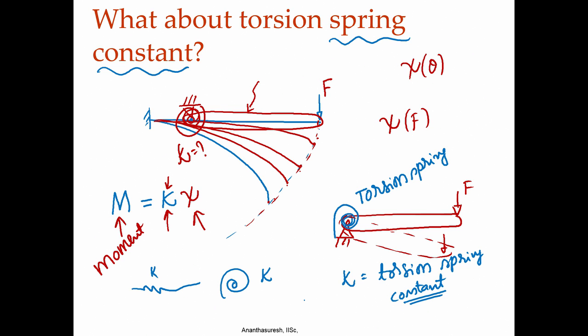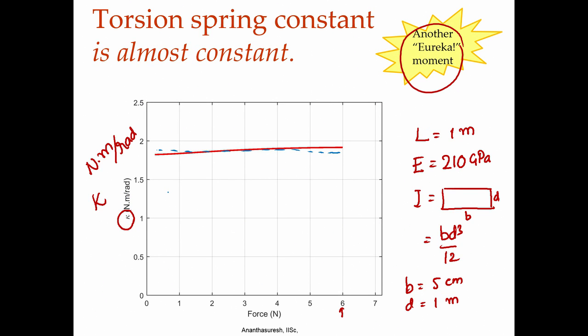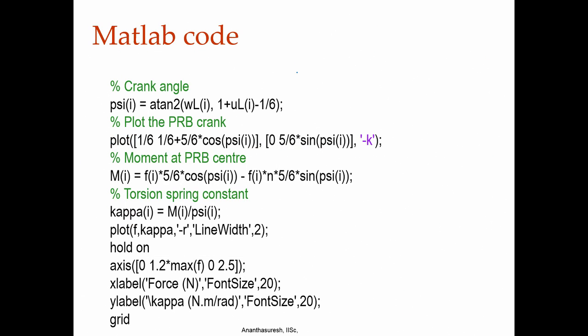When I do incremental steps, it turns out to be very close to constant. So, the torsion spring constant is almost constant. That Eureka moment, well, this is the MATLAB code that you can also try.